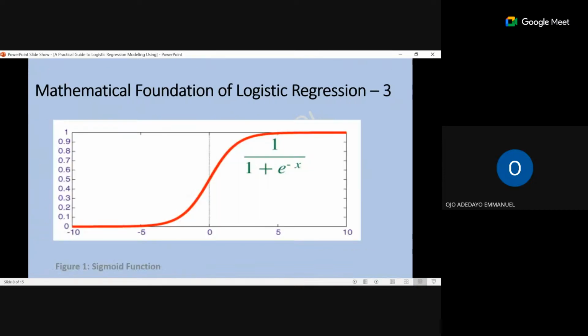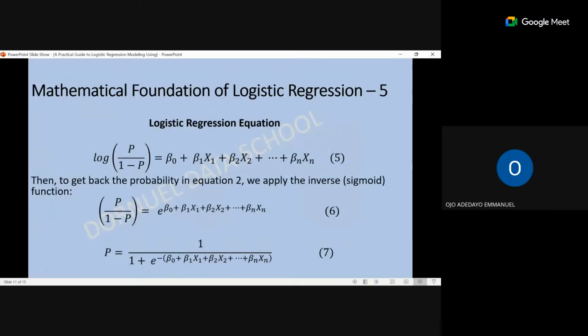So let's go back to equation 7. We can now have this as a probability, which is equation 7. Look at how we move. We started from the probability, and from the probability we moved to the sigmoid function. From the sigmoid function, we moved to the odds.